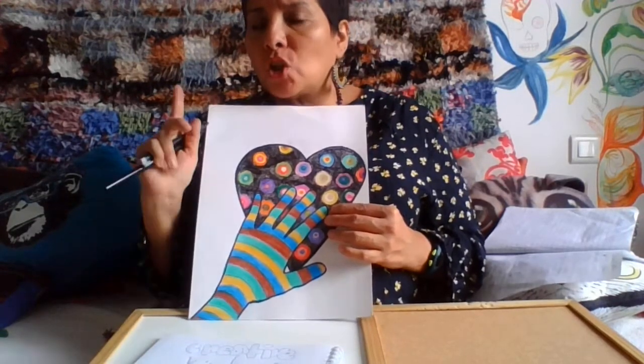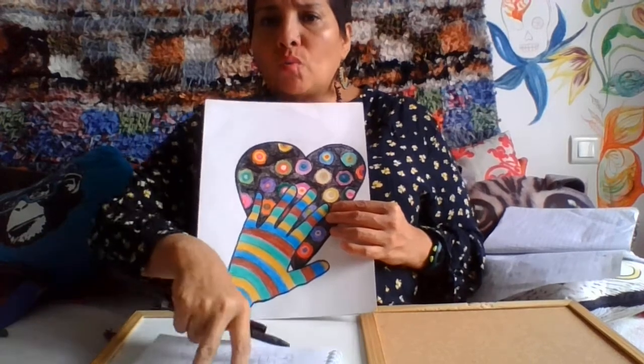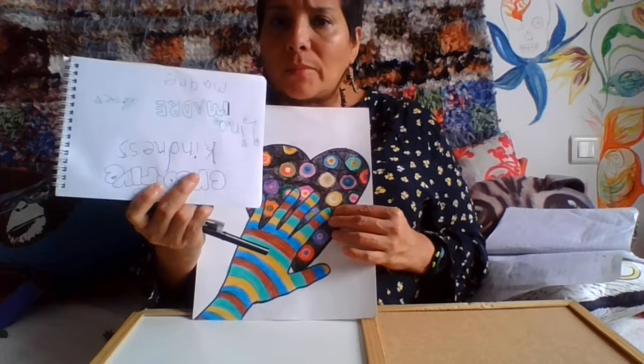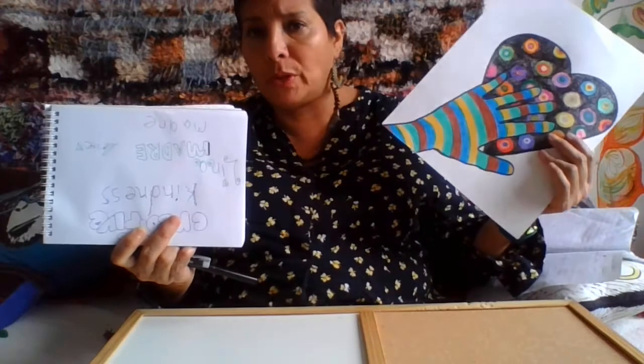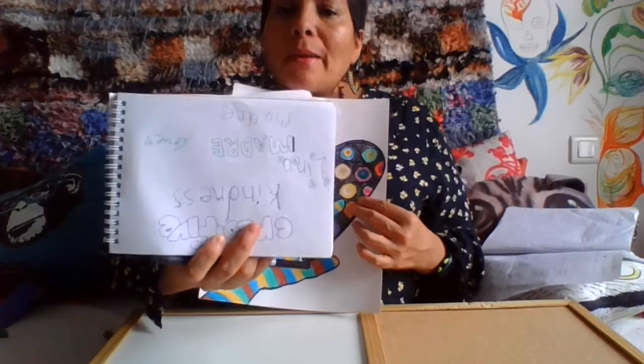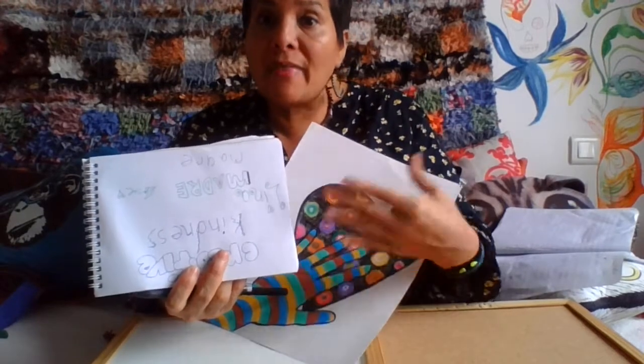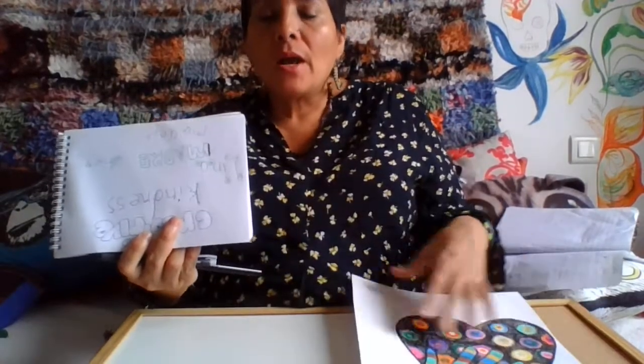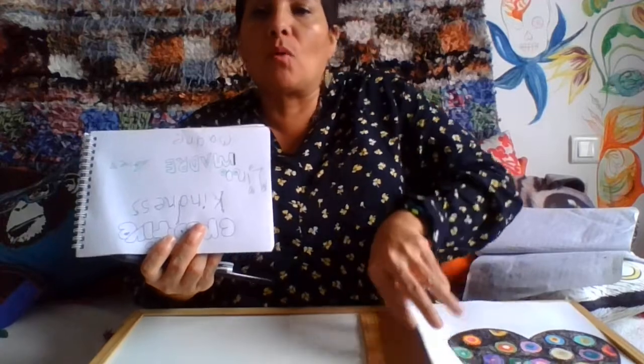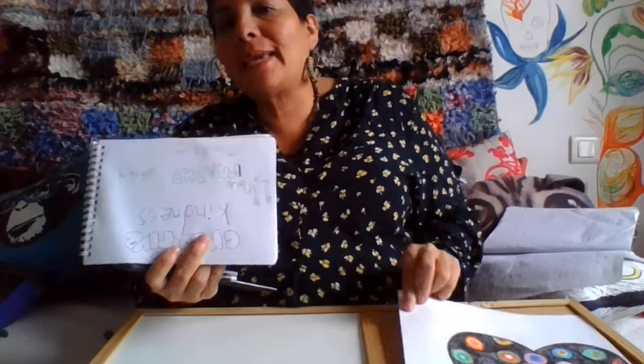So again, the 2 options are that you write it. You definitely have to do this step. You definitely have to practice before you put it here. But you are then putting it here, cutting it out, laying it out, and then gluing it. Or you are going to draw them or write them directly here. Again, taking your time, initially very lightly. And again, it must all be in black.